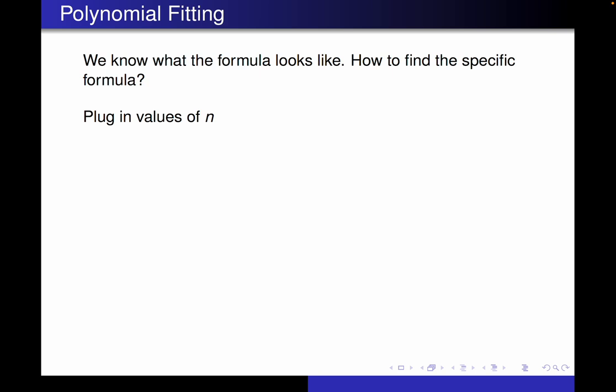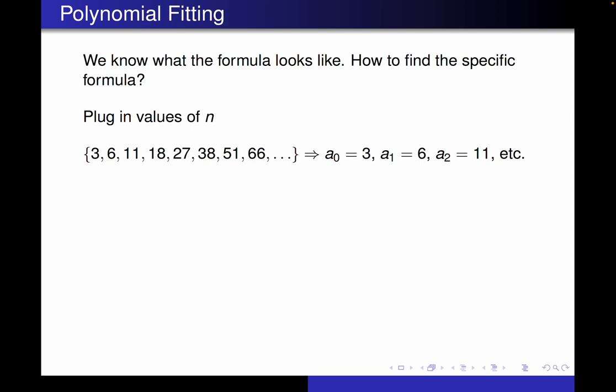Well, let's plug in some values of n and see if that can help us at all. So remember, this is our original sequence. For instance, a0 is the first term, which is 3, a1 is 6, a2 is 11, and a3 is 18, etc. Let's see what happens when we plug in those same values of n into our formula.